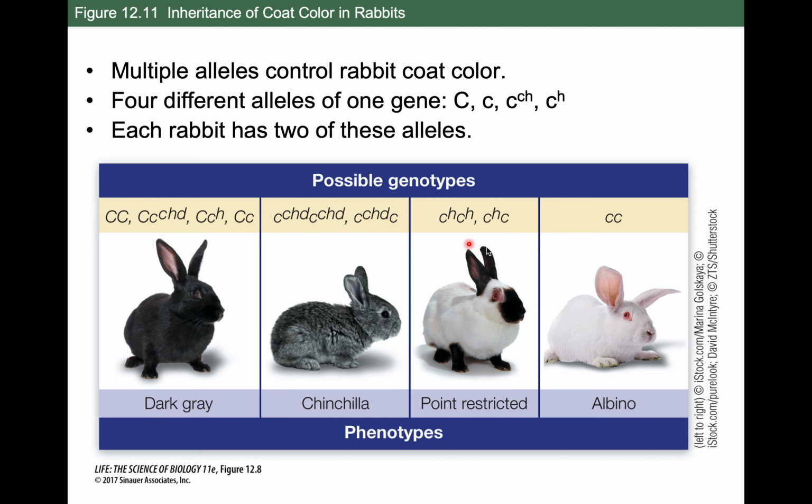And then all the other fur colors we see here, you've got a combination of two different recessives. If you have sort of the traditional two lowercase c recessive, you're an albino rabbit, etc.